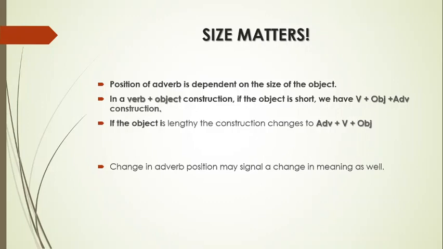But if the object is lengthy, the construction changes to adverb, then verb, and then object. In either case, the adverb, remember, will never come in between verb and object. It will either come before the verb or it will come after the object.